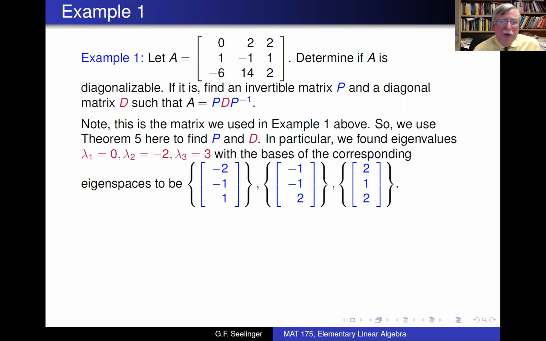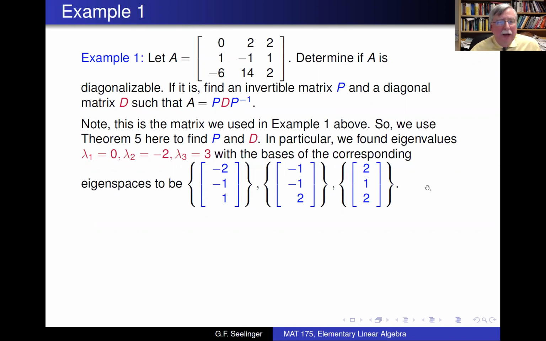We found that the eigenvalues were lambda 1 equals 0, lambda 2 equals -2, lambda 3 equals 3. The corresponding eigenspaces have bases corresponding to these vectors.